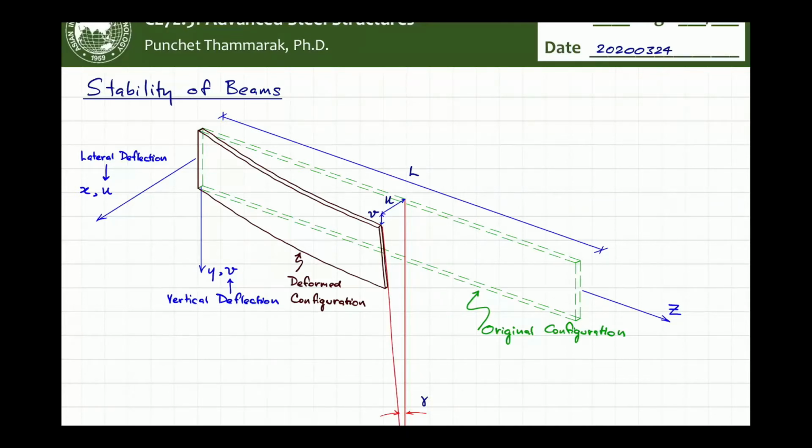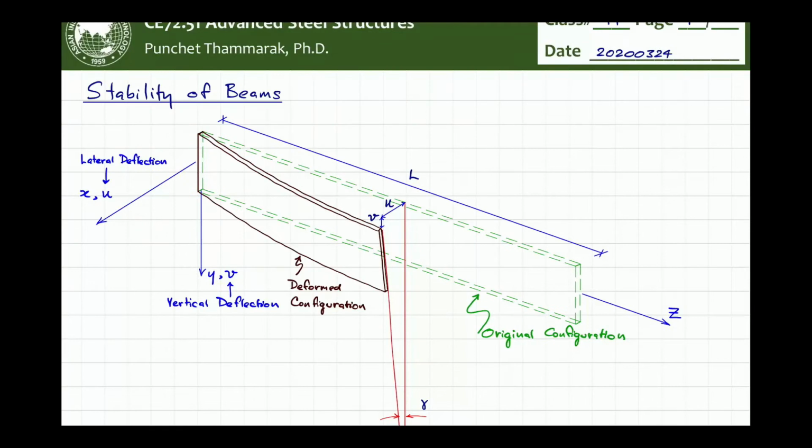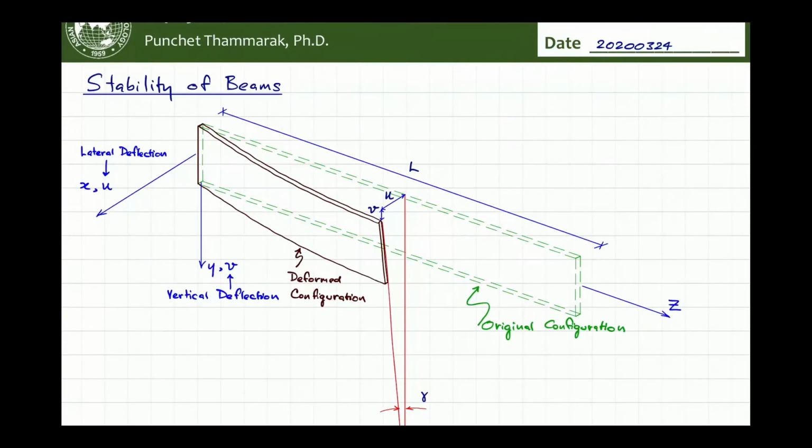Thus, when you incorporate the geometry change into your equilibrium, you'll be able to represent or bring up the second order effect that is caused by the deformed configuration. So all the equilibriums will be carried out in the brown line, the deformed shape geometry.